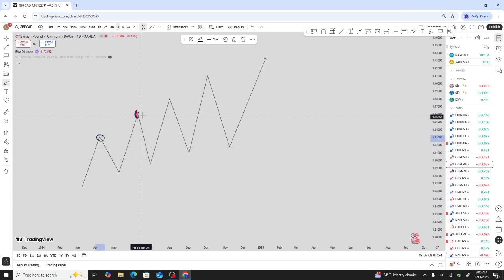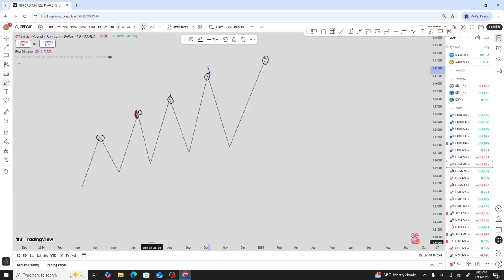You can see this high, this one in red, is higher than this previous one, and this high is higher than this previous one, and even this one is higher than this high.